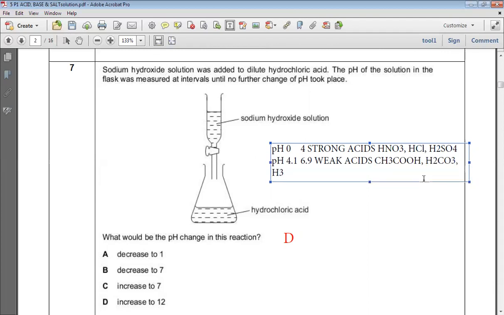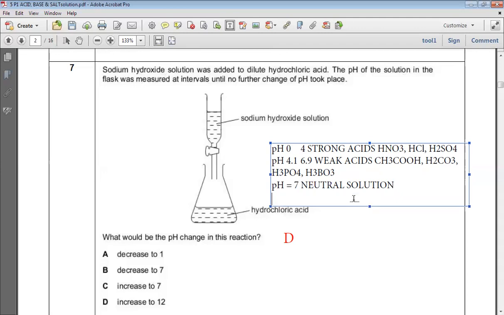Similarly, phosphoric acid, H3PO4, and boric acid. These are weak acids, and there are many other examples. But a neutral solution has pH value exactly 7, like pure water and saliva in the human mouth.